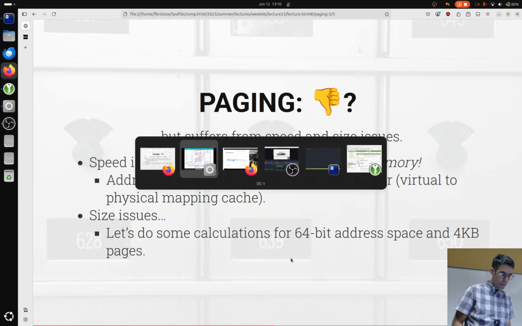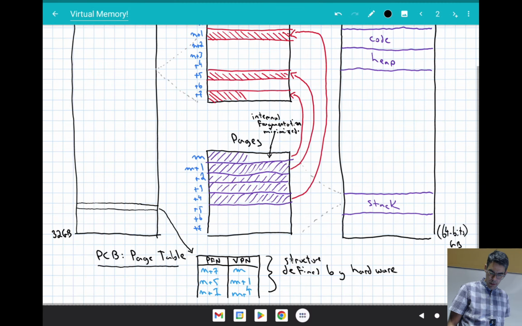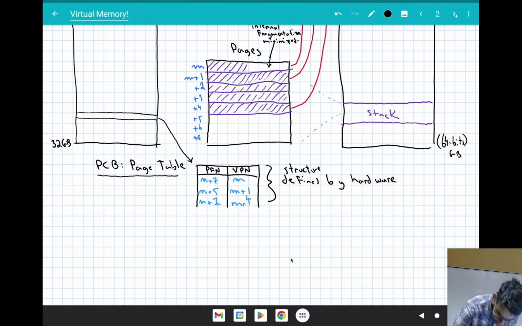So to do the translation, I'm going to need to calculate the total number of pages in my virtual address space. With paging as it is right now, I need to have an entry in my page table for every page in virtual memory.